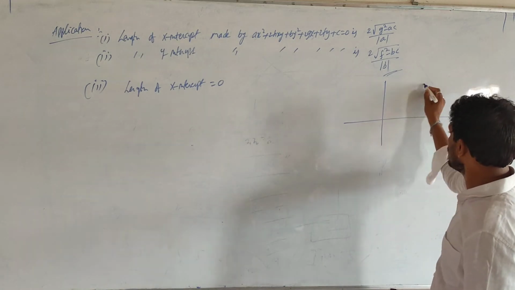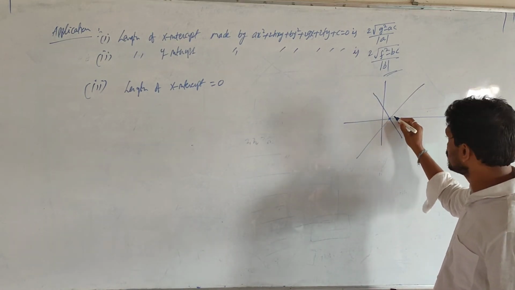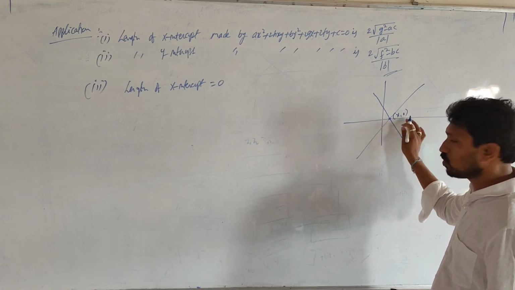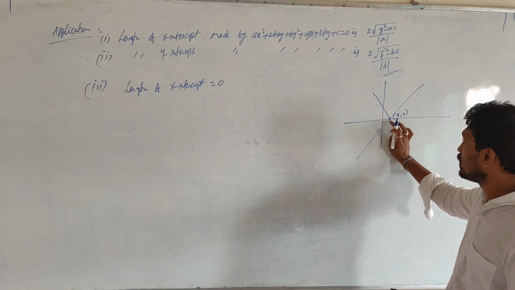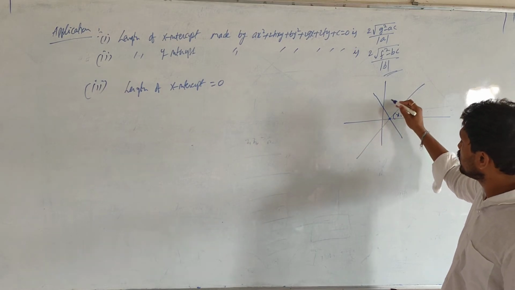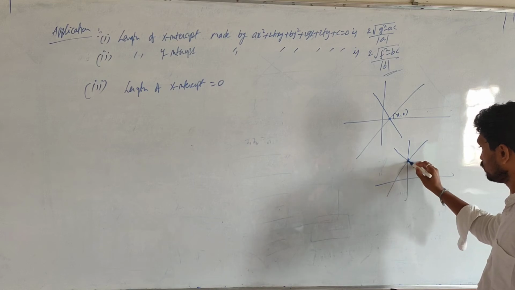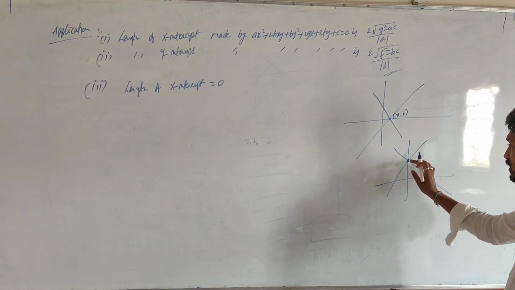That means the lines may be like this. Here they intersect, it is a single point. So there is no two points, there is no distance. Then this intercept is equal to 0. Length of y-intercept means they may intersect like this. Then length of y-intercept is equal to 0.